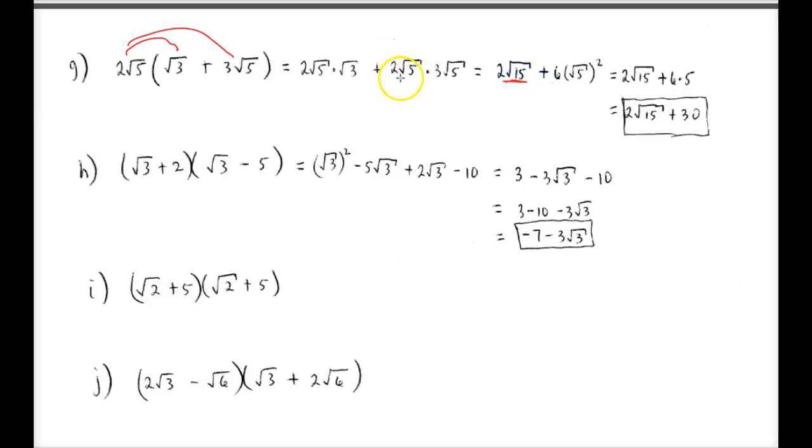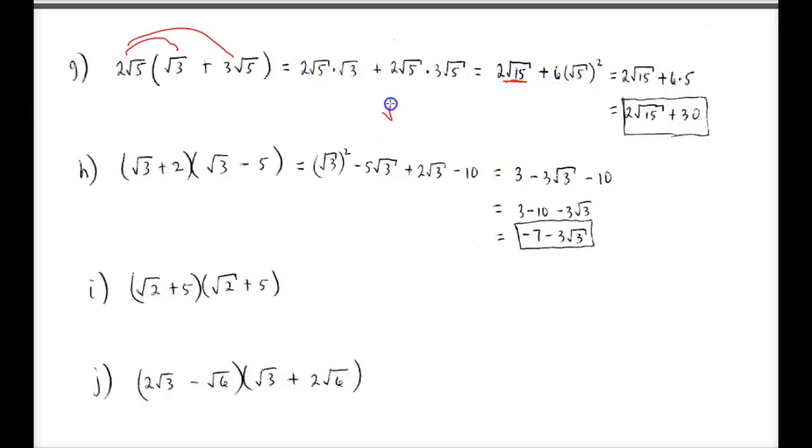And we see that we have 2 times the square root of 5 times 3 times the square root of 5. And of course, we know that the square root of 5 times the square root of 5 would be the same as saying the square root of 25, which would just be 5.